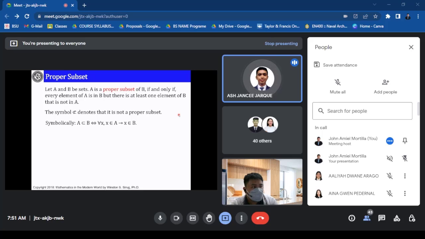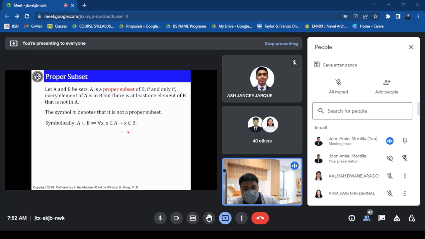Let A and B be sets. A is a proper subset of B if and only if every element of A is in B, but there is at least one element of B that is not in A. The symbol, not a proper subset, denotes that it is not a proper subset.